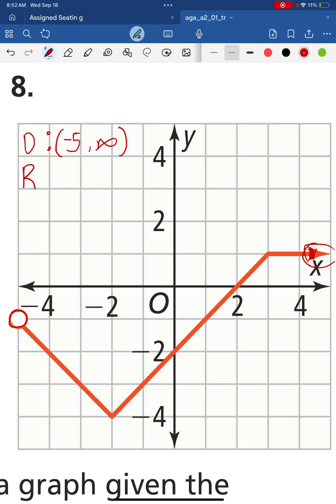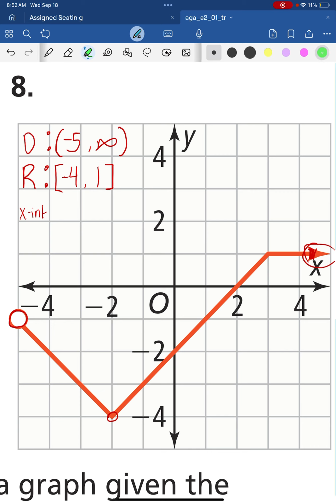Now for my range, I'm going to find my smallest y value, which is -4, and my largest y value, which is +1. Because my function runs through those points, I know that they are included. And then I'm going to find my x-intercepts.